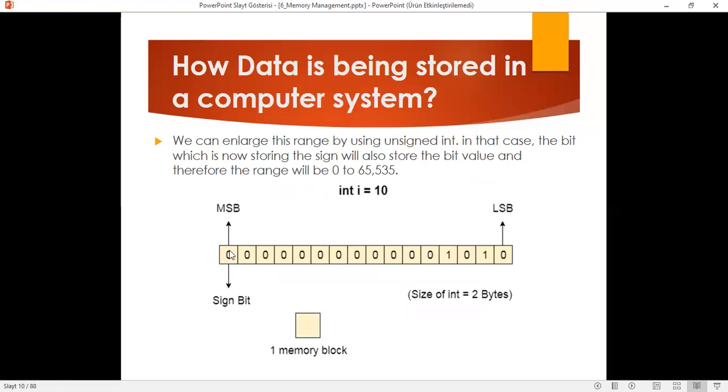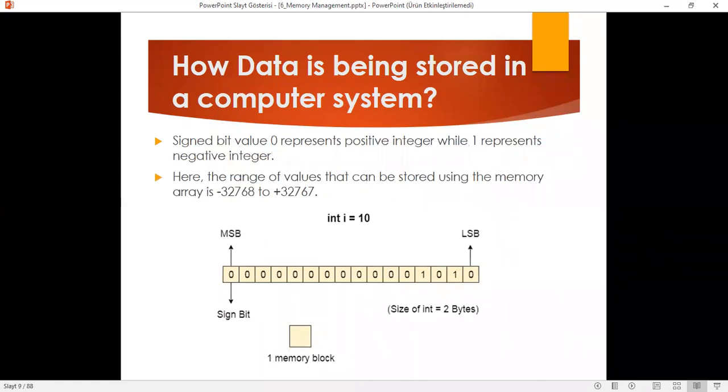So if we are not going to use this most significant bit as a sign bit, and we use it as a number, then if all of them are 1, our number will be 65,000 something. And if all of them are 0, our number will be 0. That's why we use the sign bit, and the range is this one.